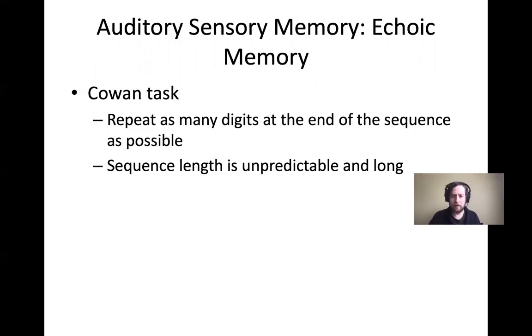Good, I'm ready to go. So once again, I'm going to say a long sequence of numbers. Your job is to remember as many of the digits at the end of the sequence as possible. Once I'm done reciting the sequence, write down as many of the numbers as you can at the end of the sequence, in the correct order, by the way.